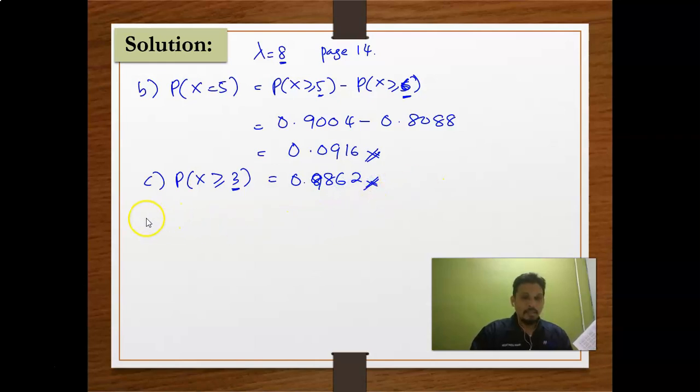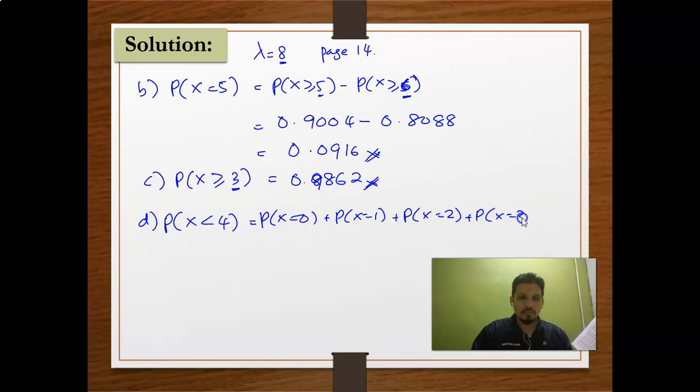And D, the probability of X less than 4. This is the probability of X equal to 0 plus X equal to 1 plus X equal to 2 plus X equal to 3. It does not include 4. The summation of all the probabilities equals 1, so we come up with 1 minus the probability of X greater than or equal to 4.